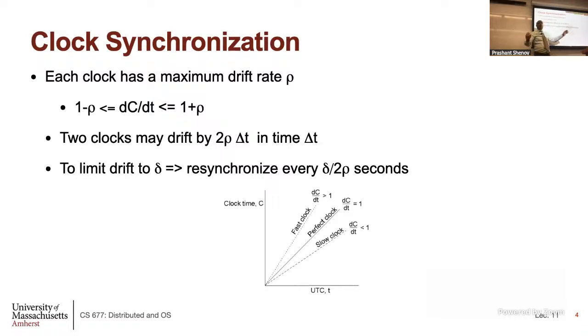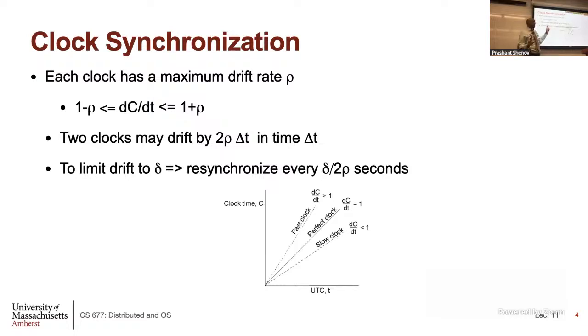So every delta t seconds, these two clocks will drift by 2 rho times delta t, because that's this gap. One is rho below, one is rho above, so the gap is 2 rho times delta t.